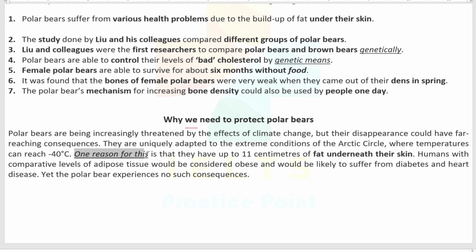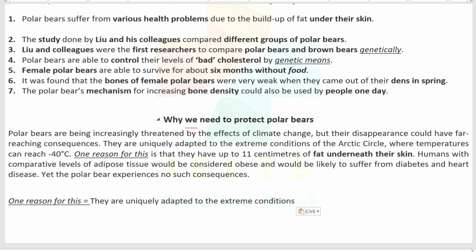What is the meaning of one reason for this? One reason for this, you can relate to the information. They are uniquely adapted to the extreme conditions, due to they have up to 11 centimeters of fat underneath their skin.